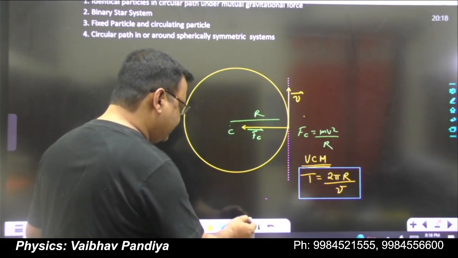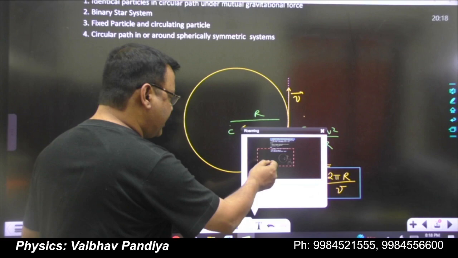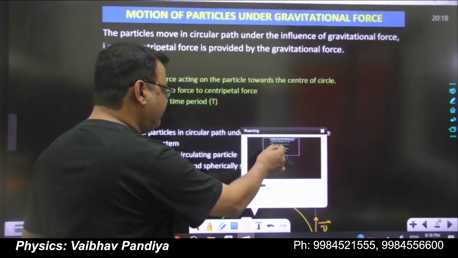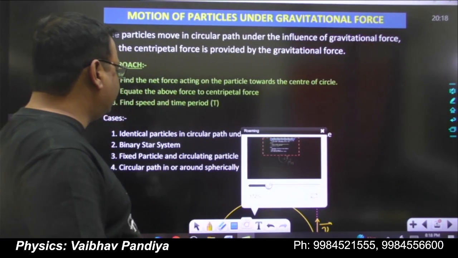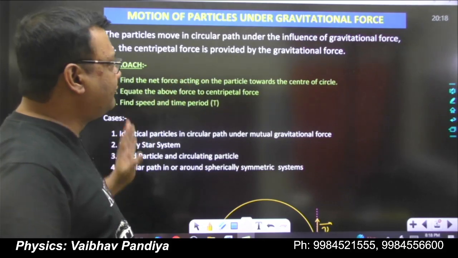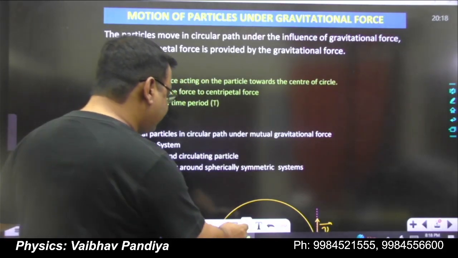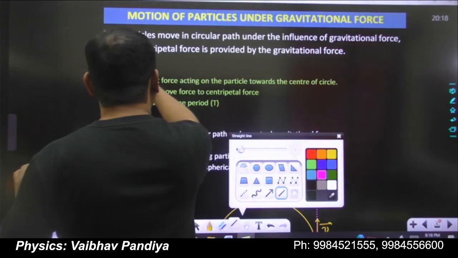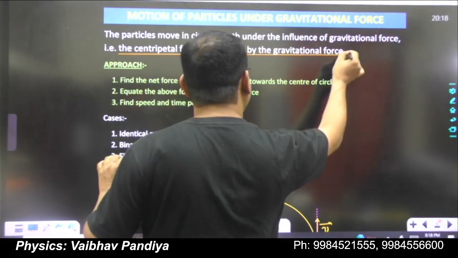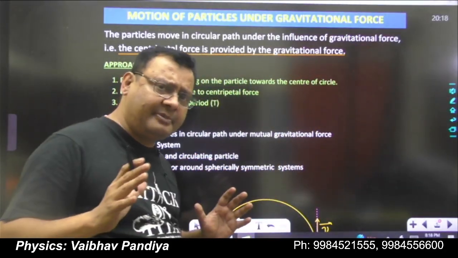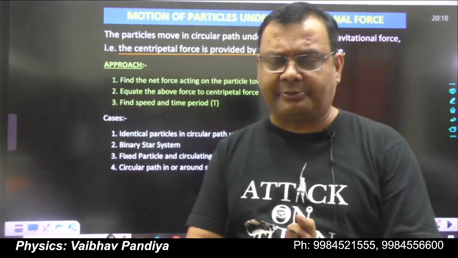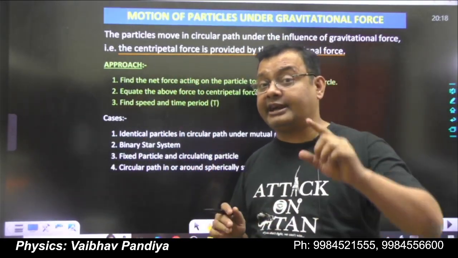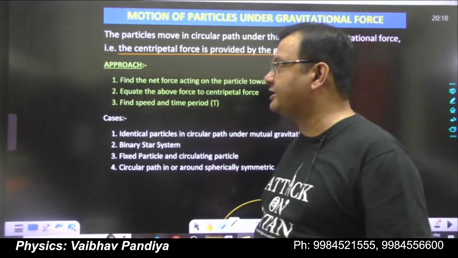These are all fundamentals we covered in the chapter of circular motion. Now, whenever the particle is moving in circular path under the influence of gravitational force, it means the centripetal force is provided by the gravitational force, because we have seen centripetal force is not any new kind of force. There must be some agent to provide the centripetal force, and in this case it is the gravitational force which is providing the centripetal force.